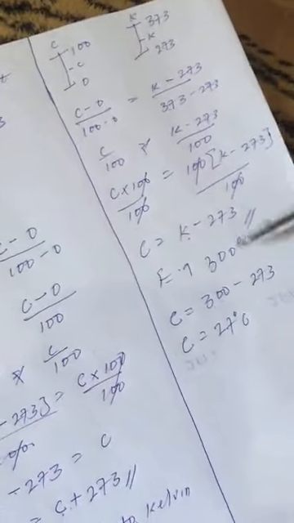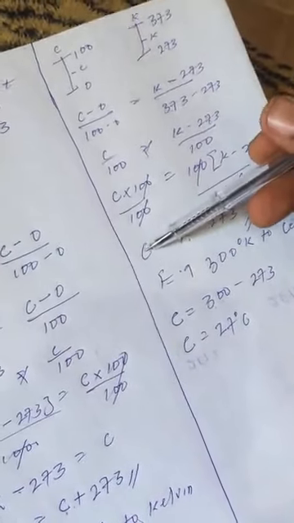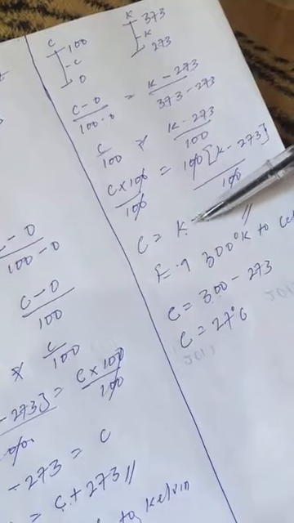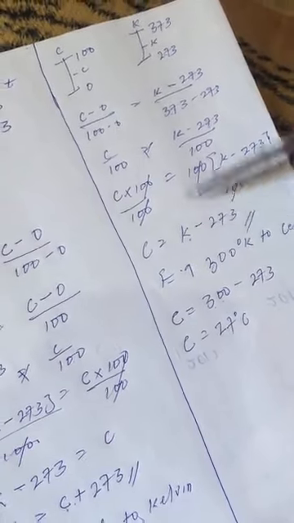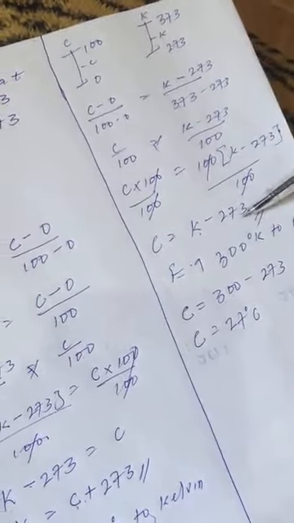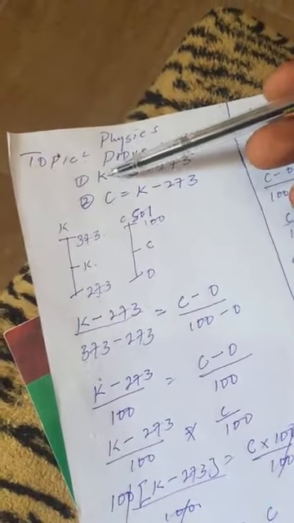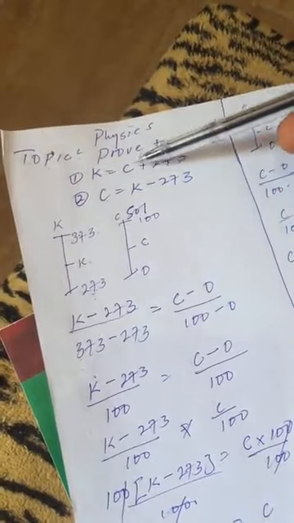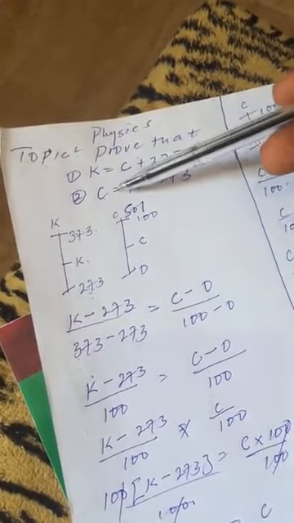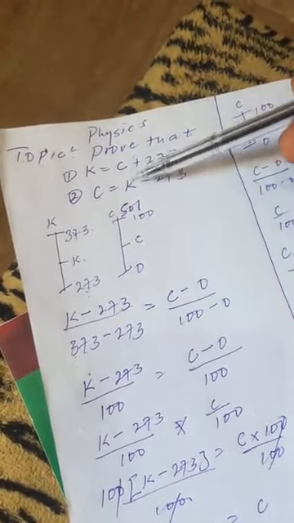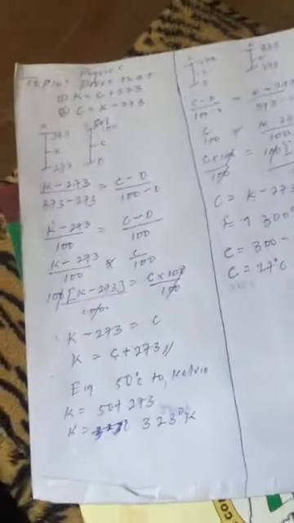So in converting Kelvin scale to Celsius scale, we arrive at this calculation. Don't forget, we are expected to prove that k is equal to C plus 273, then C is equal to k minus 273. This is how we prove both questions.